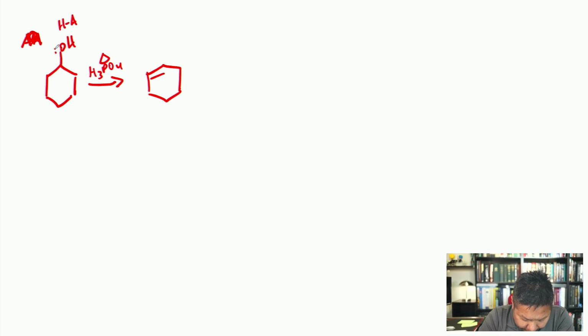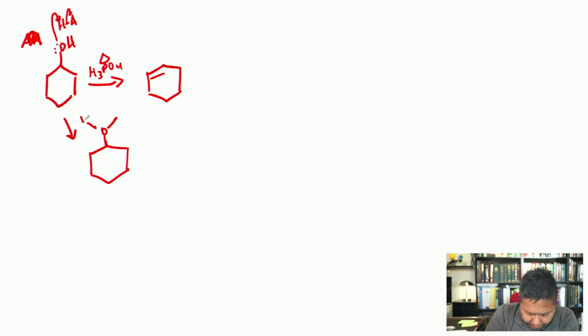The lone pair of the alcohol will come over and pull off that proton, leaving those electrons with the conjugate base. Then you have a water up there, along with a minus, which is the phosphate ion. I just don't want to write it over and over again.